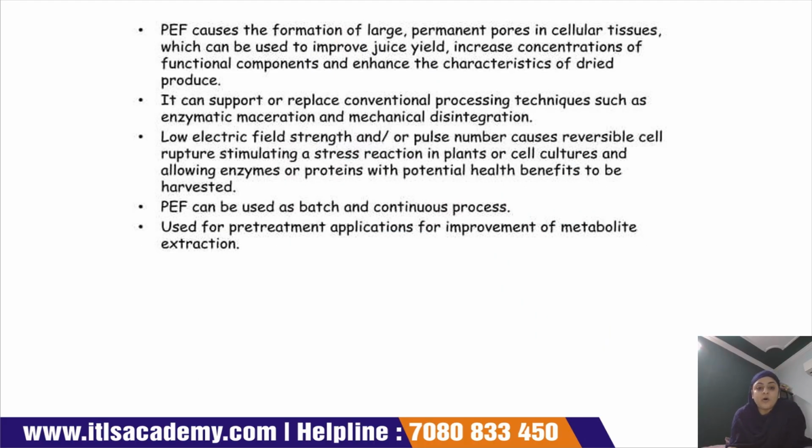Pulse electric field also causes the formation of large permanent pores in cellular tissues, and it can improve the juice yield, increase the concentration of functional components, and also enhance the characteristics of dried produce. It supports conventional processing techniques like enzymatic maceration and mechanical disintegration.